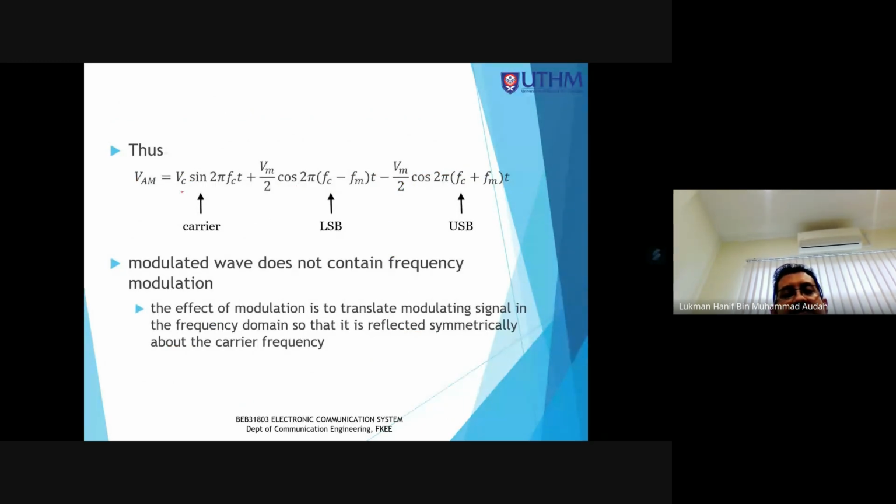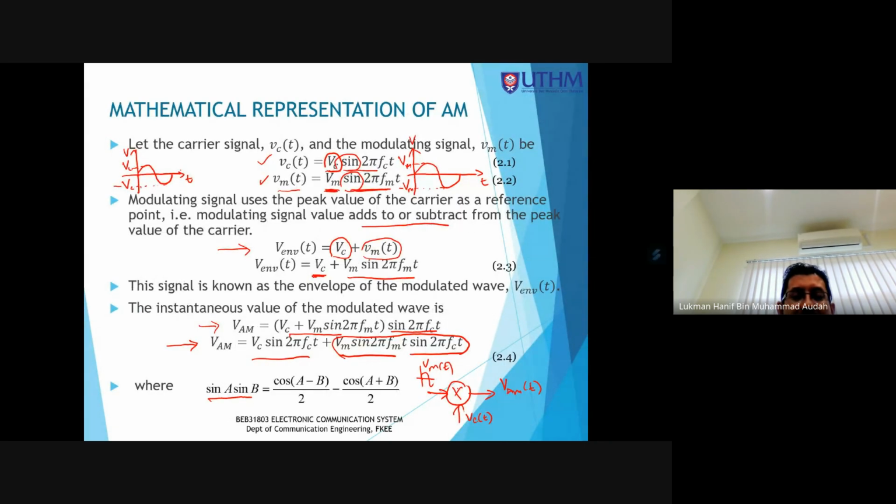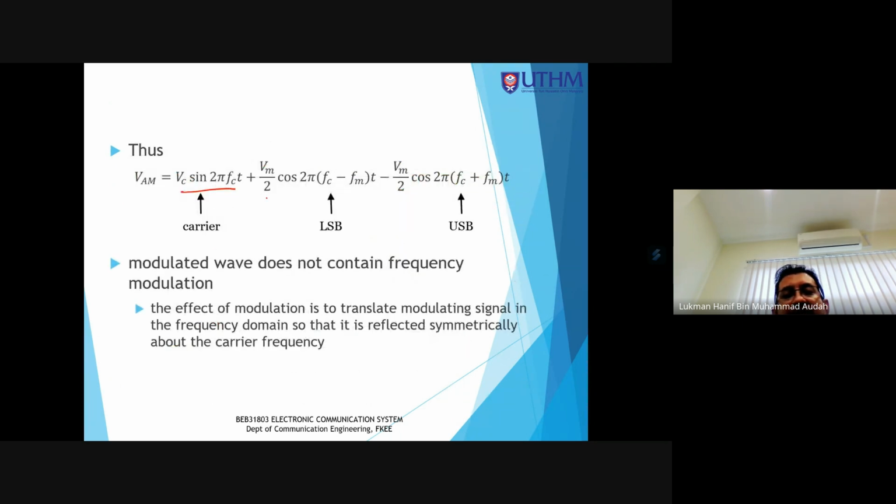So this is the first part that you have seen before, the carrier Vc sine 2 pi fc t, plus this part, which is after we have simplified using the trigonometry identity. So sine and sine becomes cos minus cos. This is Vm over 2 cos 2 pi (fc minus fm) t minus Vm over 2 cos 2 pi (fc plus fm) t.